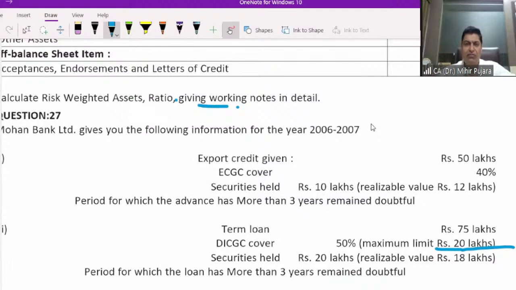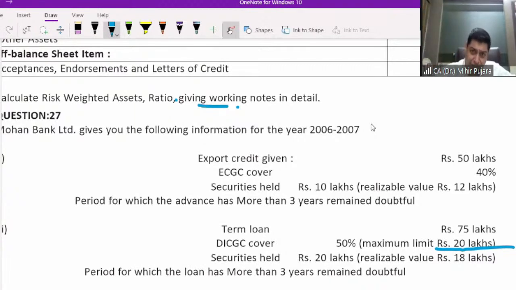So first is outstanding balance, guys. Outstanding is 50 and 75. Out of 50 and 75, you have to minus realizable value of security, not security. Realizable value of security, that is 12 and 18. Then you will get unsecured portion. On unsecured portion, apply the percentage. But in case of term loan, after applying percentage of 50, you should not go beyond 20.